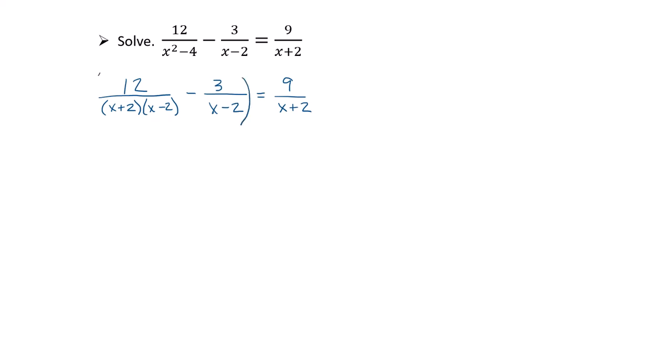I'm going to multiply the left side by x plus 2, x minus 2, and the right side by x plus 2, x minus 2. Now, when this multiplies through, we're multiplying both of those to this fraction and both of those to this fraction. When I multiply it by that first fraction, both the x plus 2 and the x minus 2 will remove, and we have 12.